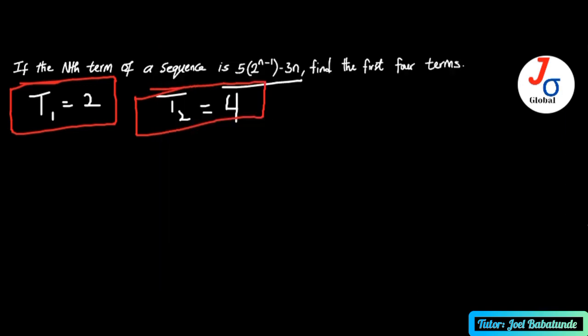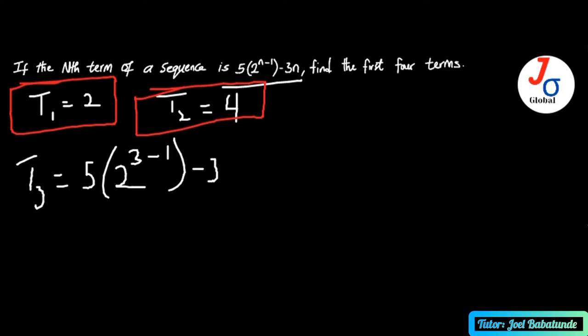So let's solve for T3, the third term. Our third term is going to be 5 times 2 raised to the power of 3 minus 1, then minus 3 times 3. So I have 5 times 2 raised to the power of 3 minus 1, which is 2, then minus 3 times 3.